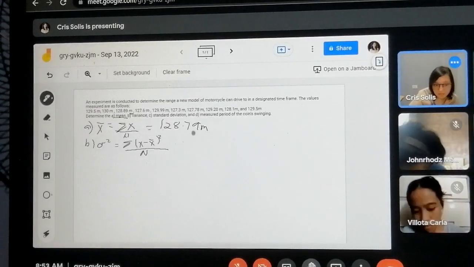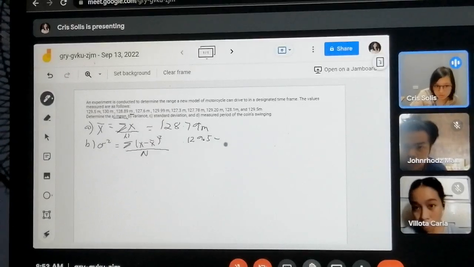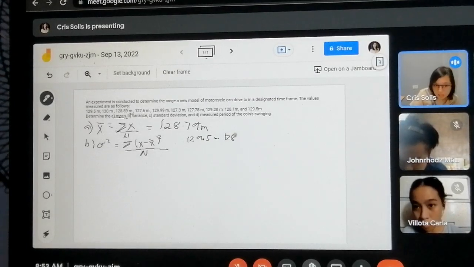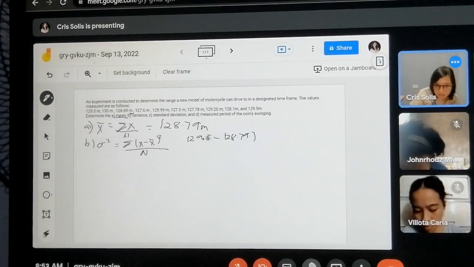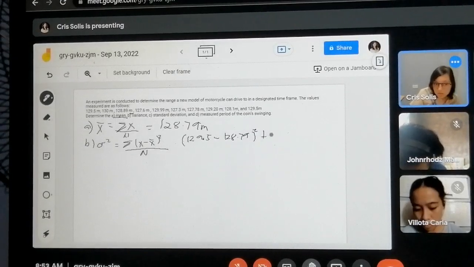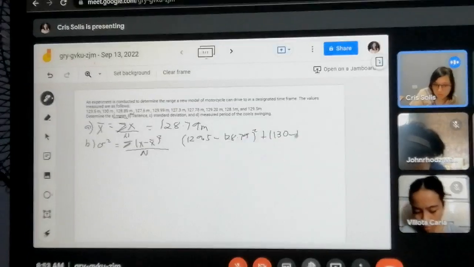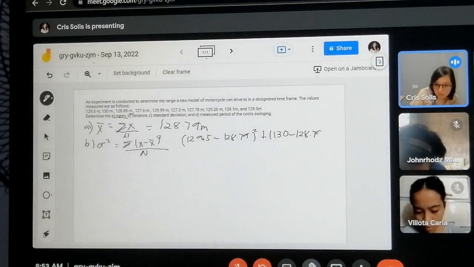Here, we have 129.5 minus 128.79 squared plus 130 minus 128.79 squared.